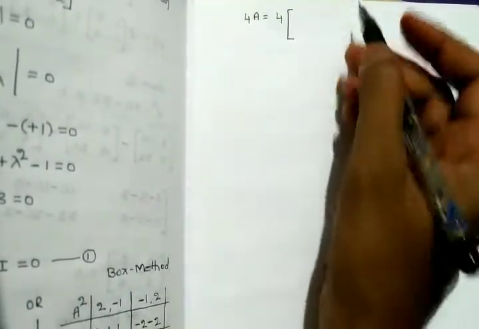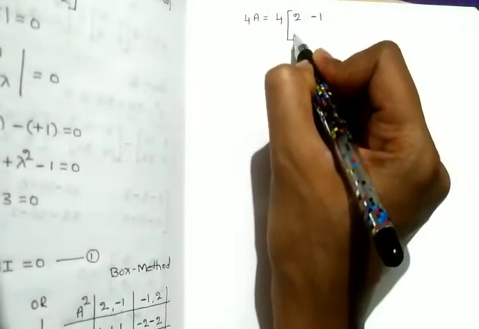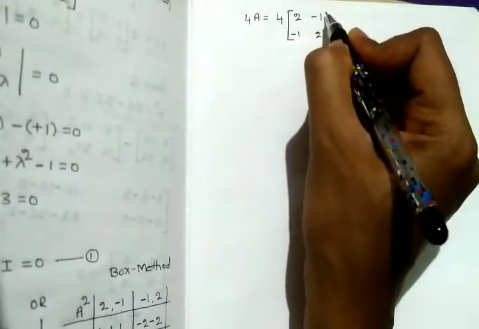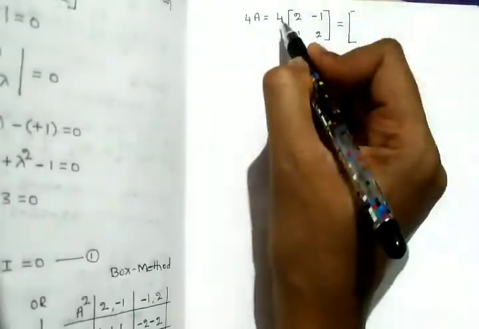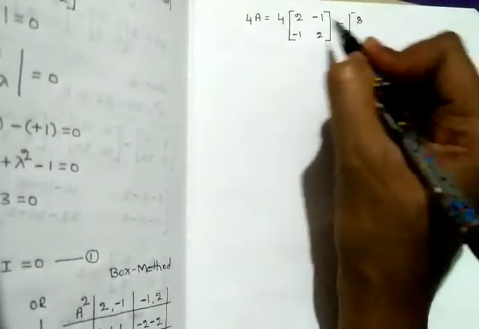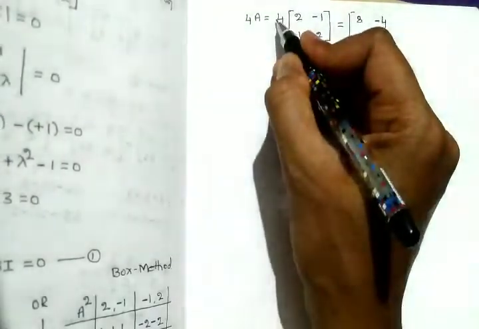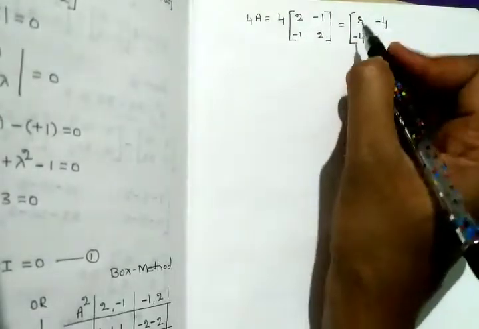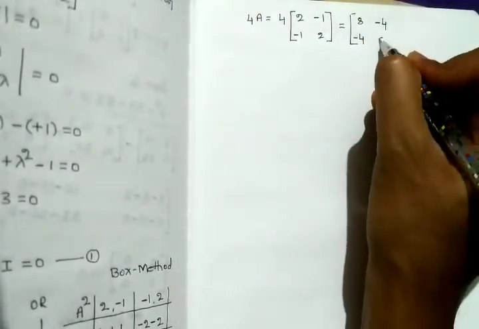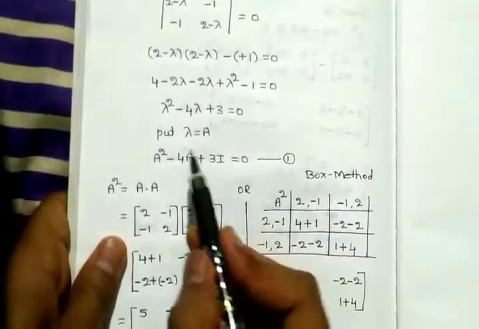What is the A value? 2, minus 1, minus 1, 2. Multiply. 4 into 2, 8. 4 into minus 1, minus 4. 4 into minus 1, minus 4. 4 into 2, 8. So you got the 4A value.